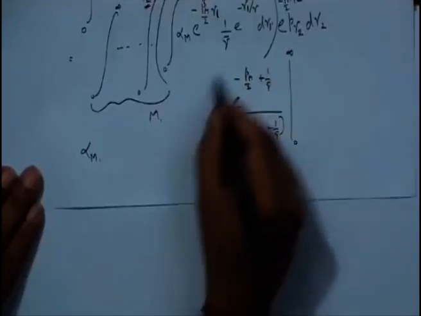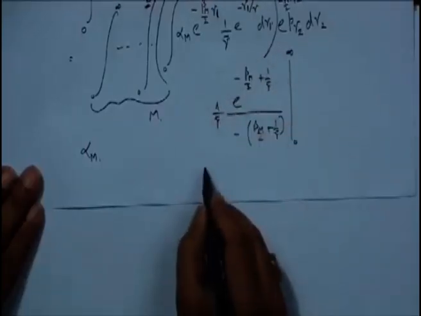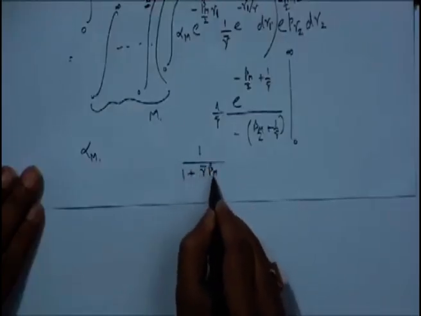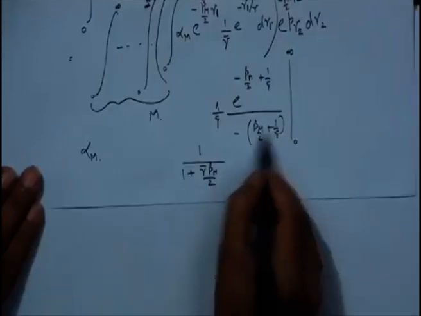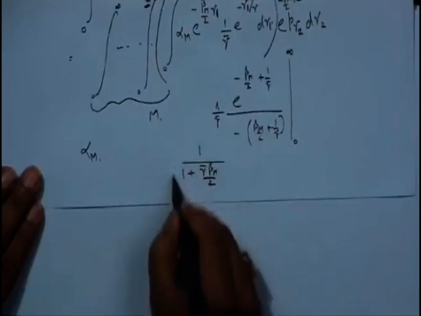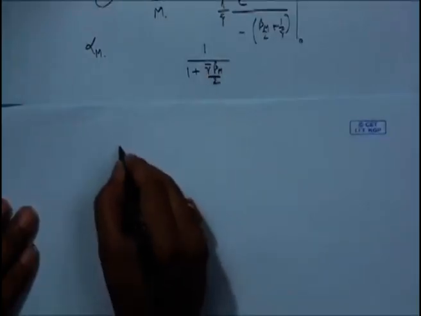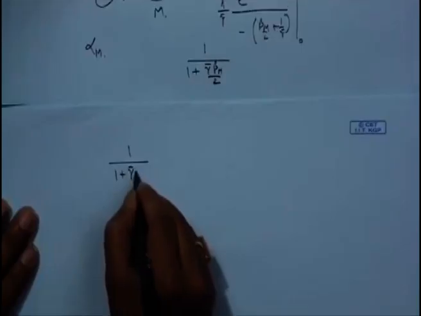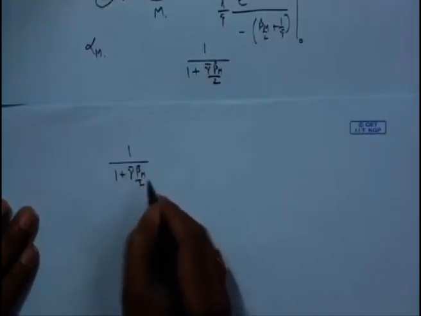If you work this out, you get 1 upon 1 plus gamma bar beta m by 2. The gamma bar I take out over here cancels with the other gamma bar, so this is the expression that we are left with: 1 by 1 plus gamma bar beta m by 2.